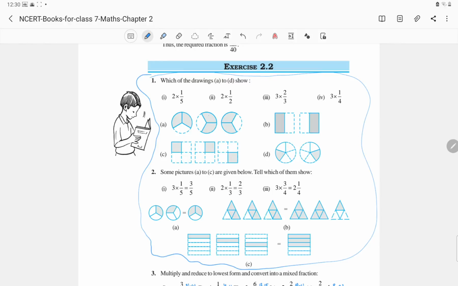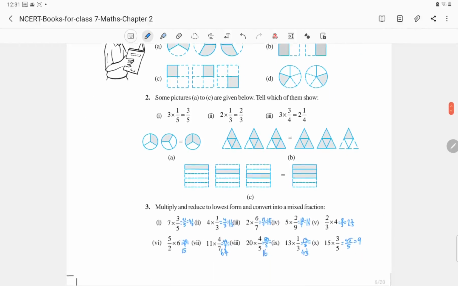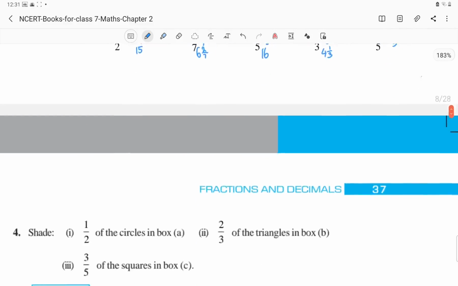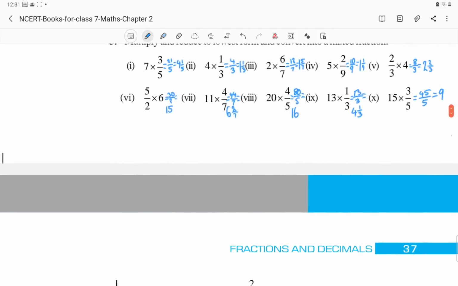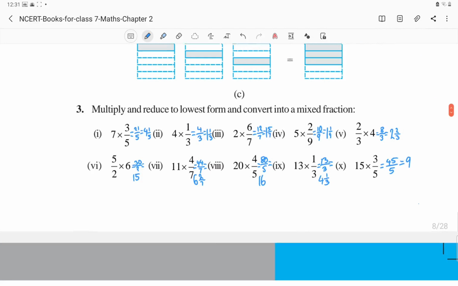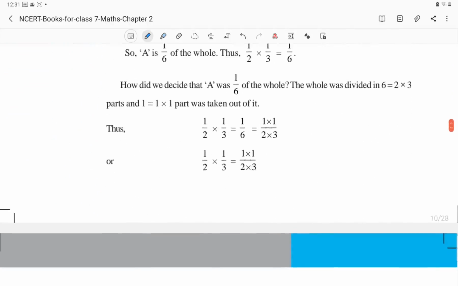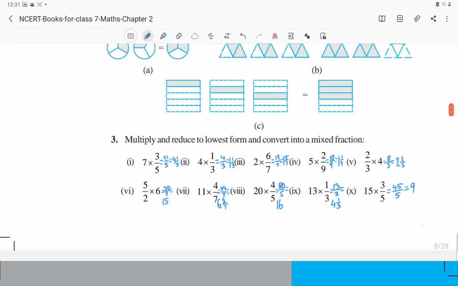Just take a screenshot of it or something and try and work it out, or pause this video. So we're going to go straight to question number 3. I think we're just going to have time to do question number 3. I'm not sure. If we finish multiplication of fractions, it'll be division next, and that will be the end of fractions, and then we can go into decimals, okay?